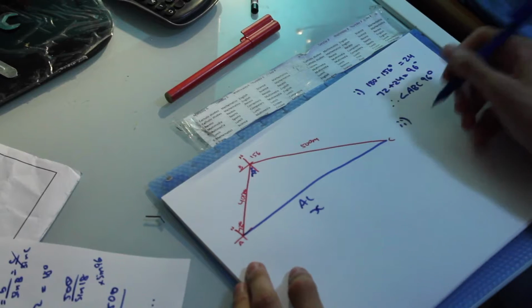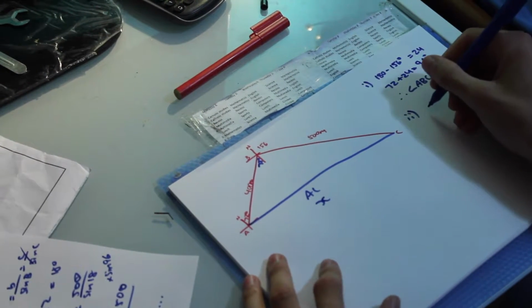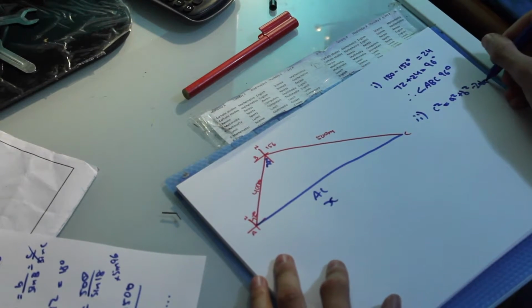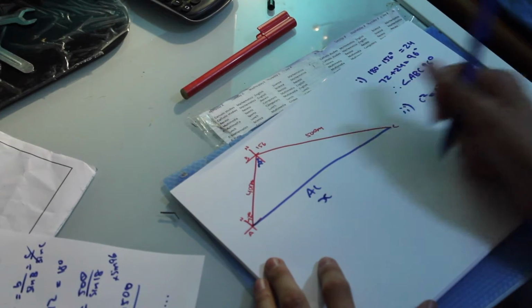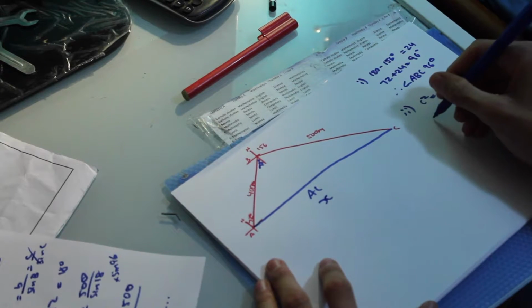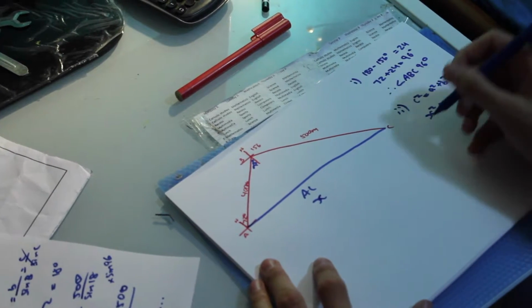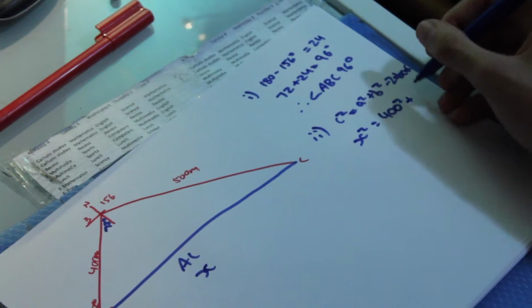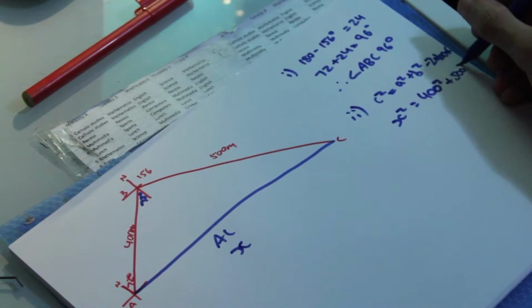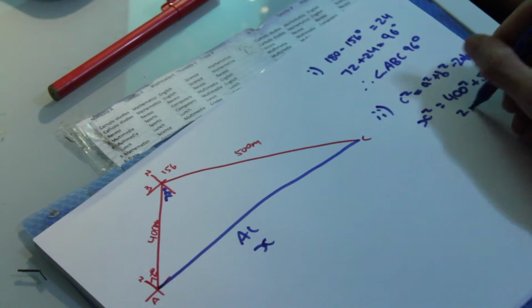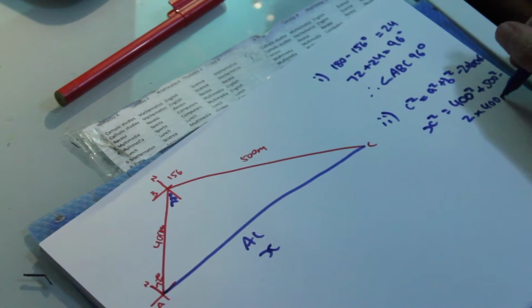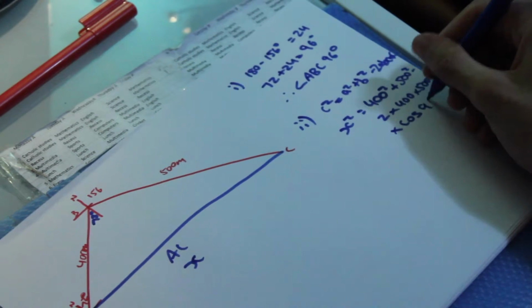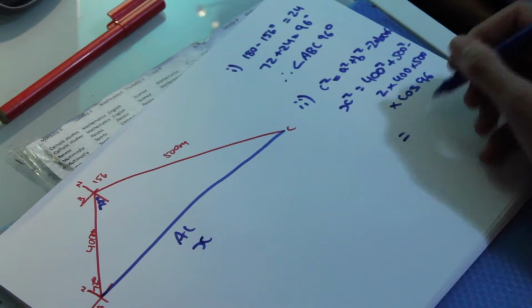In order to find this, we're going to need the cosine rule, and the cosine rule, according to our formula sheet, is c squared equals a squared plus b squared minus 2ab cos C. So x squared is equal to 400 squared plus 500 squared minus 2 times 400 times 500 times cosine 96 degrees.